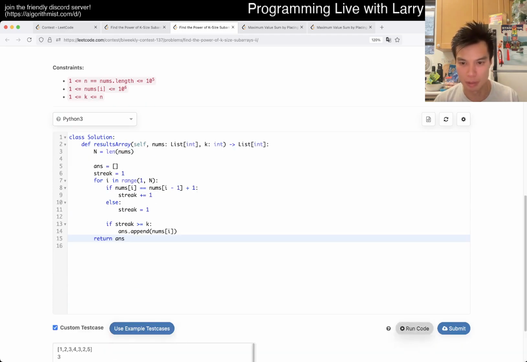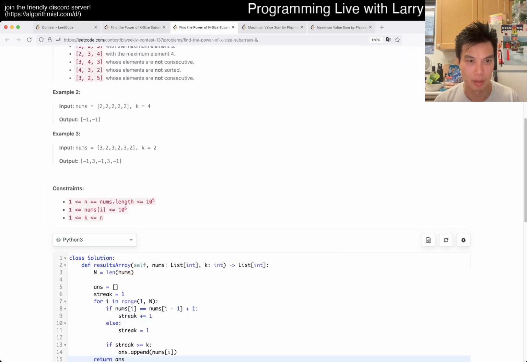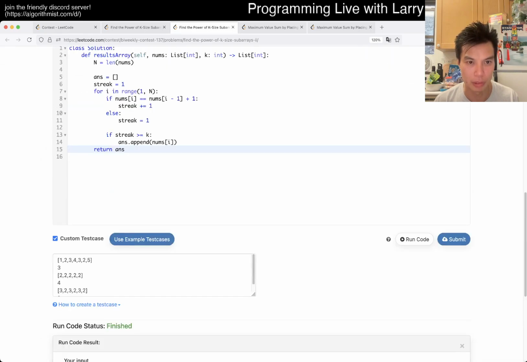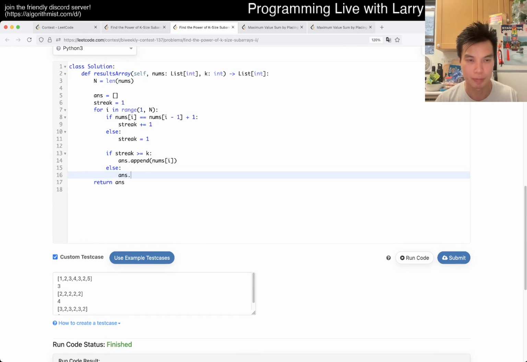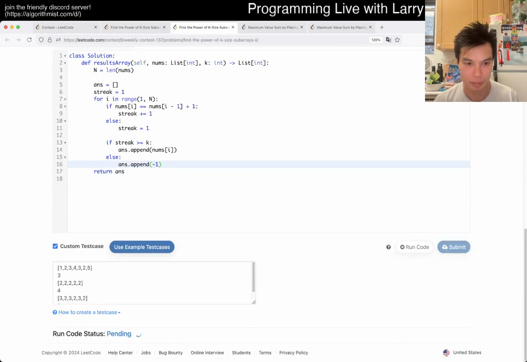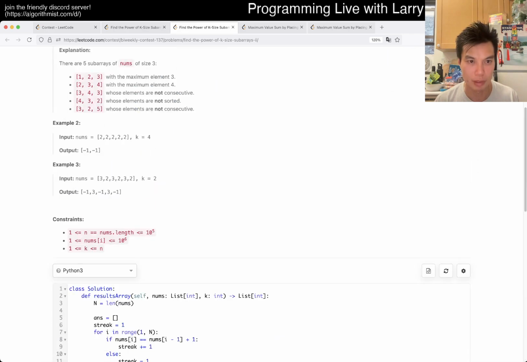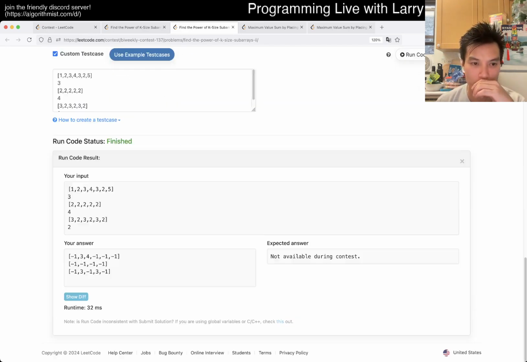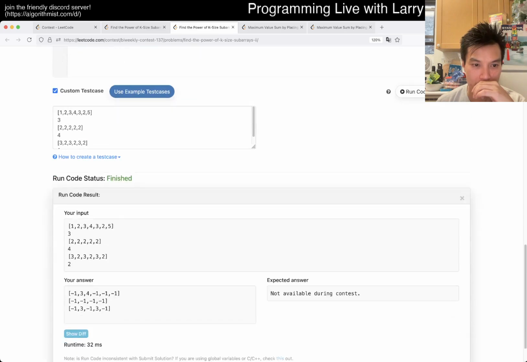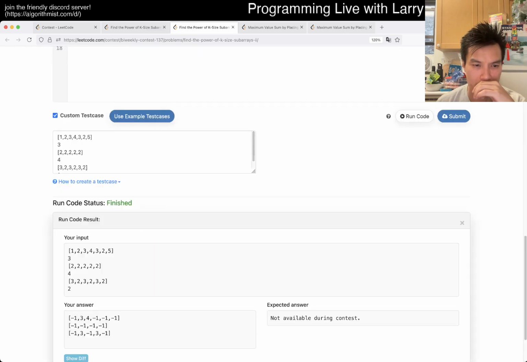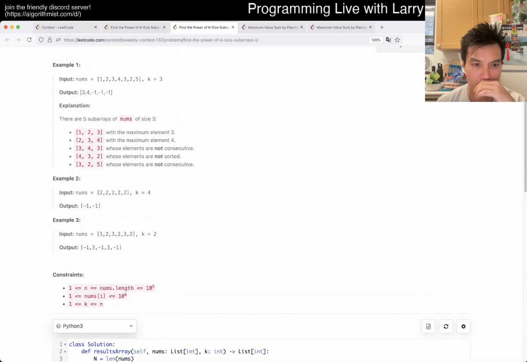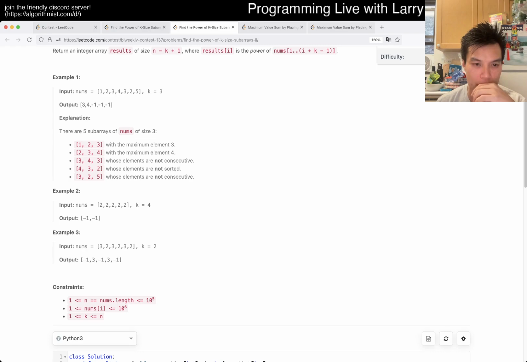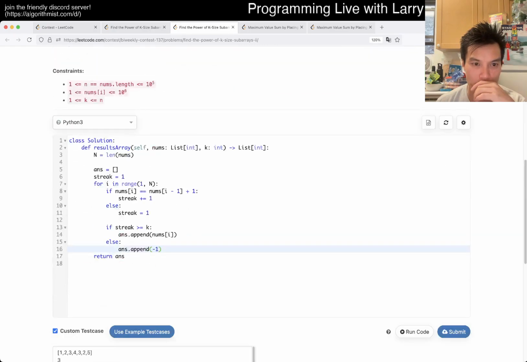Something like that, right? Very wrong, but I have to do an else. Okay, this is very wrong, because we don't want the last. And also k is equal to 1 is a little bit wrong as well.